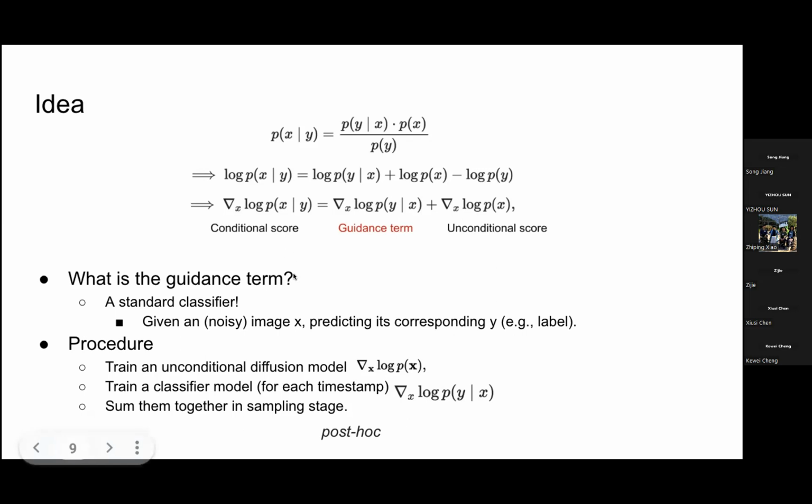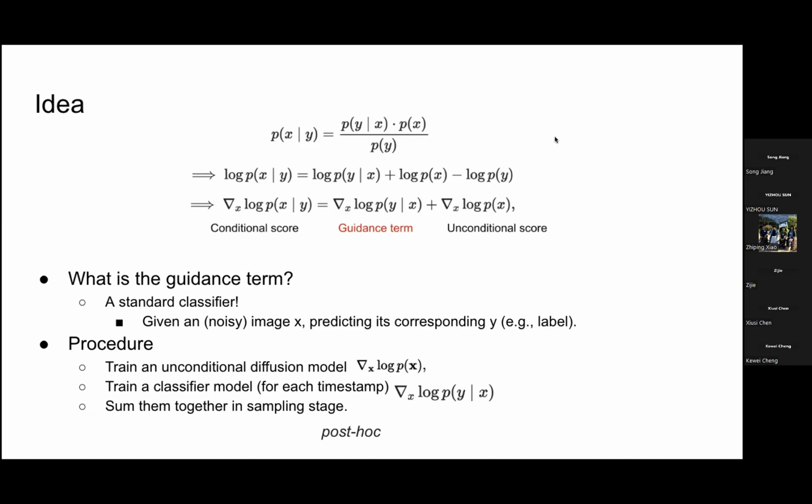And actually, that's the idea of classifier guidance. Because this P of y given x is basically the classifier, that's why we call this model classifier guidance. We got the conditional score. We just add that in.